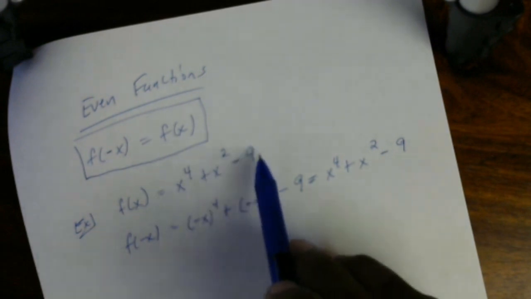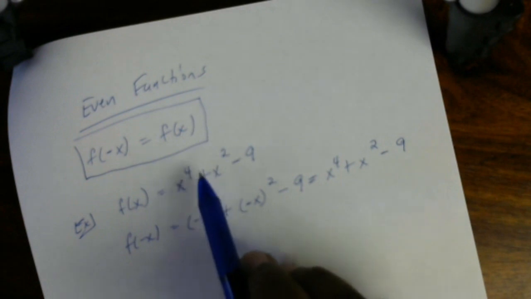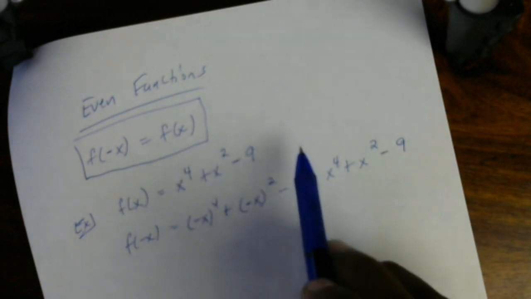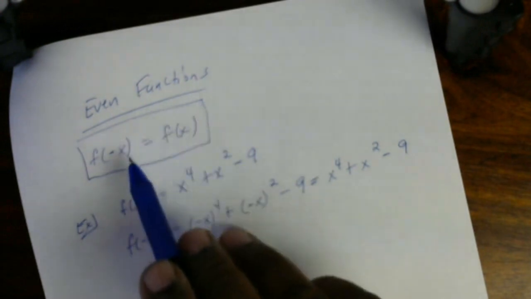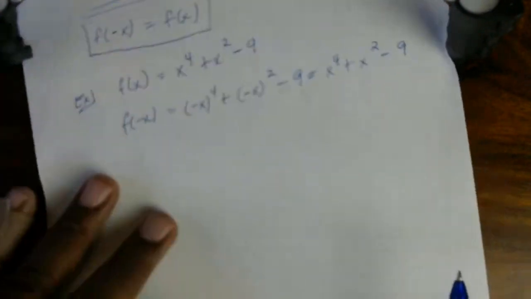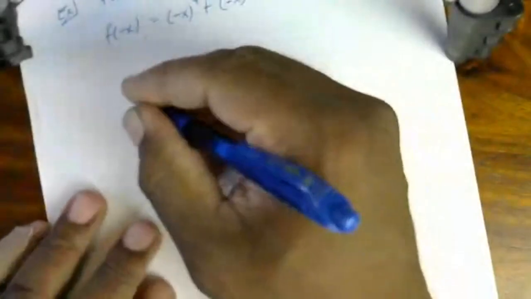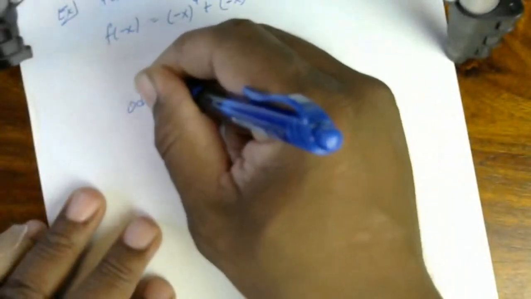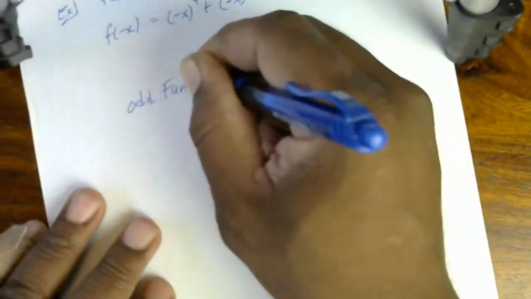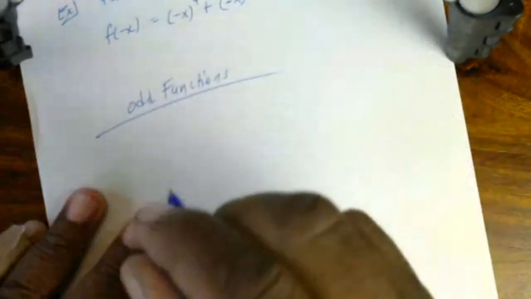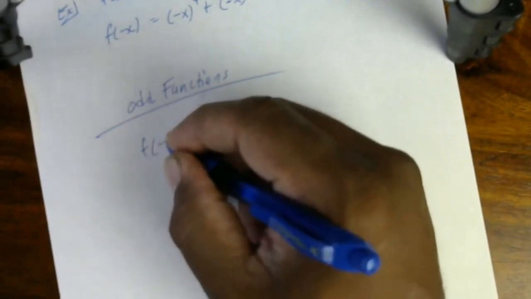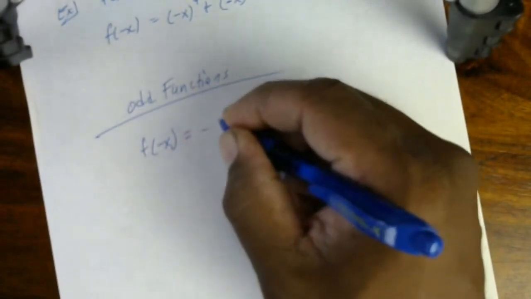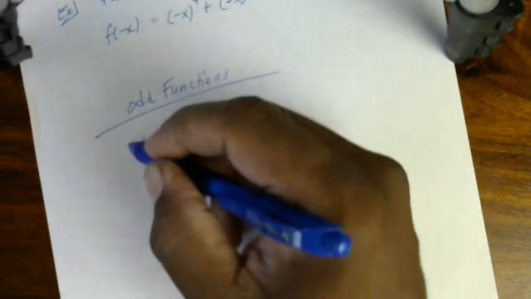But the simple and short way around this is we look at the powers on your variables. Okay, but this is what this formulation means when you see it. Next, we'll talk about an odd function and its formulation. Our formulation says that f of negative x is equal to negative f of x.